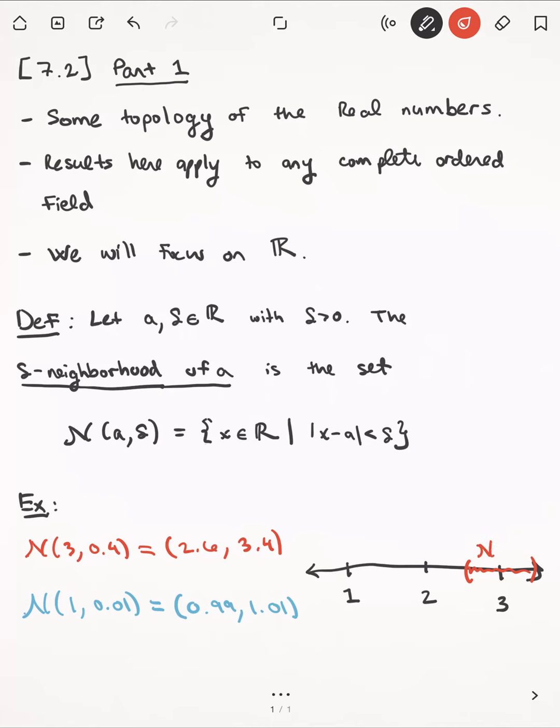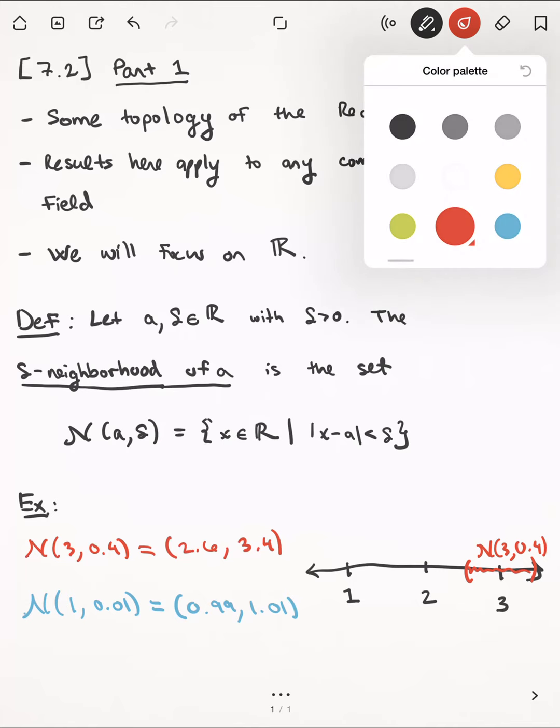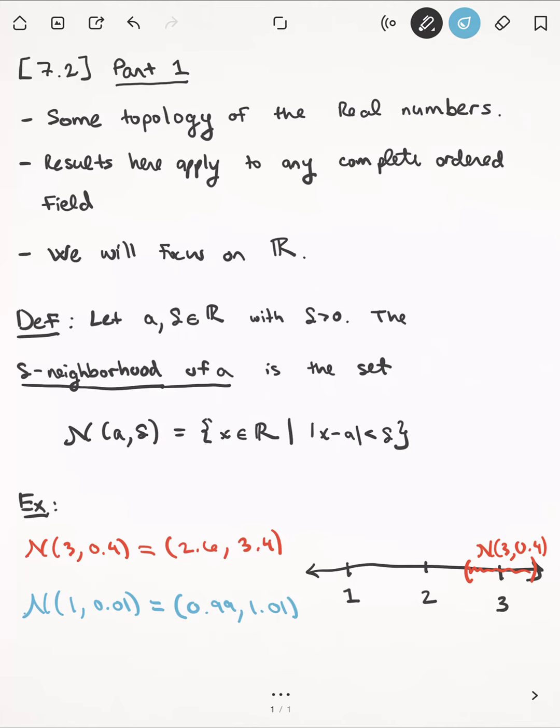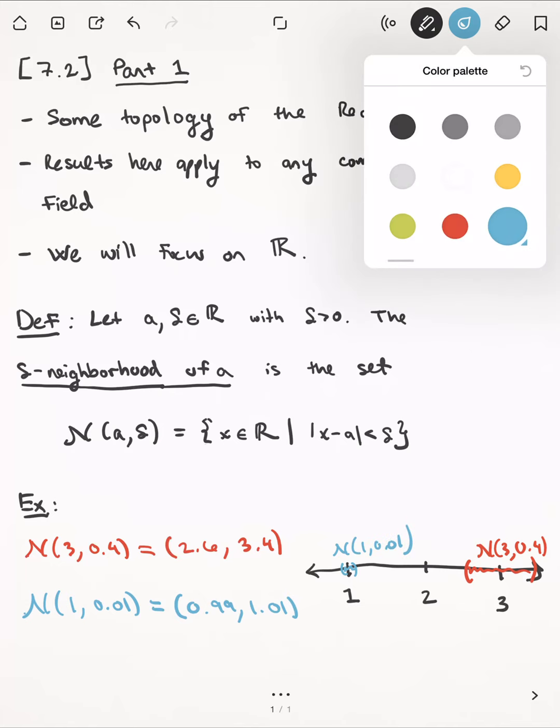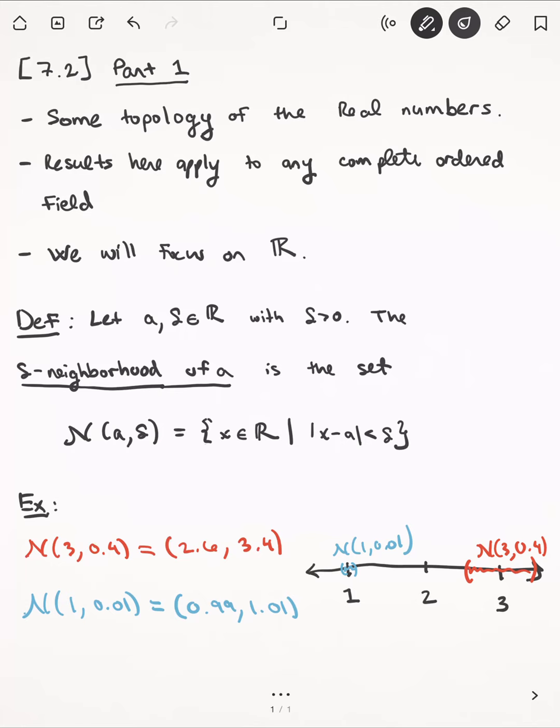So that's N of 3, 0.4. And where's the other one? It's just right up against 1 here. It's called a neighborhood because you can measure closeness with other points with respect to these neighborhoods.